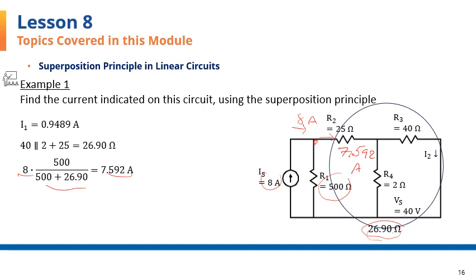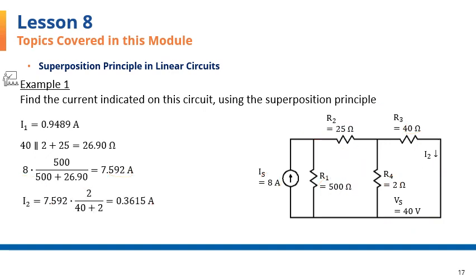This current, the 7.592 amps, is further subdivided between the branches, the branch with the 2 ohm resistor and the branch with the 40 ohm resistor. And again, we can use the current divider formula to find the current through the 40 ohm resistor, which is what we're looking for, the I2.